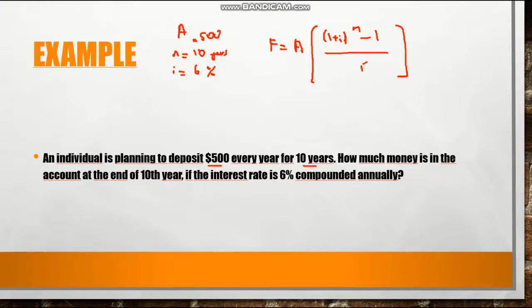So if we substitute all these variables, which is 500 multiplied by 1 plus 0.06, power of 10, minus 1, over 0.06.